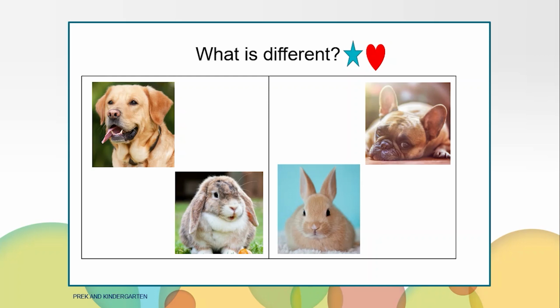It is different because we can see 3 eyes on the first side and 4 eyes on the second side. Can you think of anything else that is different?